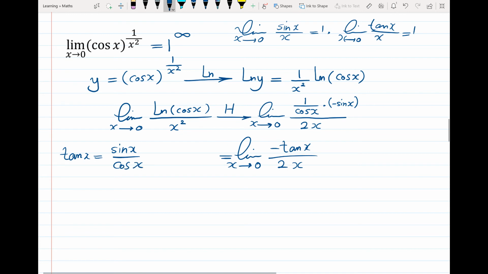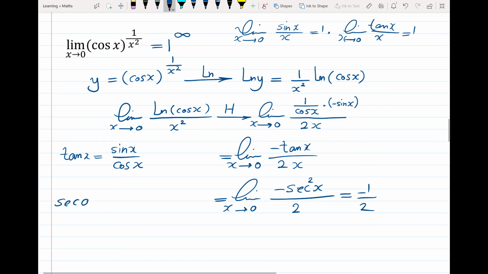Now we do L'Hopital's rule again to find this limit. The derivative of 2x in the denominator is 2, and the derivative of tangent of x is secant squared of x, and we have a negative in the front, so it becomes negative secant squared of x. If we plug in 0 for x, secant of 0 is 1, 1 to the 2 is 1, so we get negative 1 over 2.